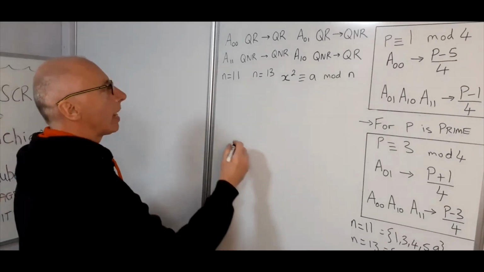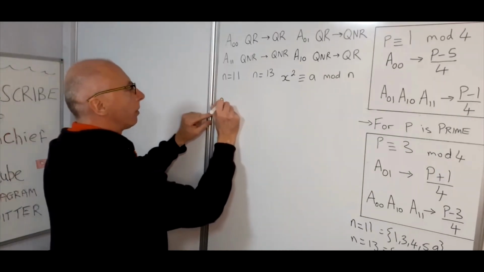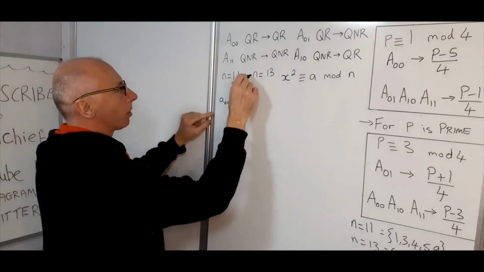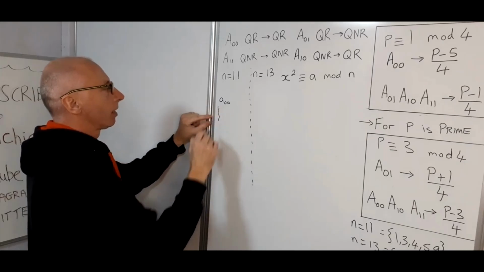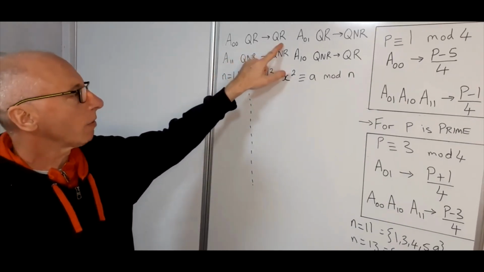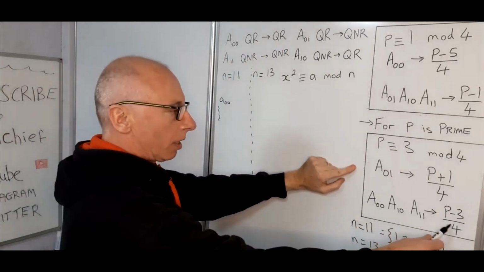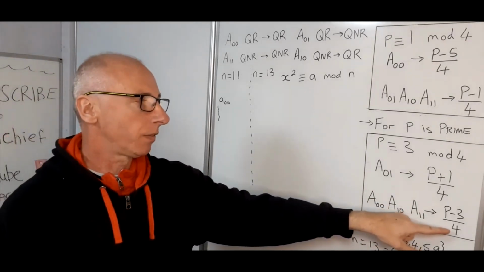So let's have a look at 11 first. Now we're going to build the set A00 for n equals 11. This set will be the ones where a quadratic residue follows a quadratic residue. And the size of A00 in this formula is p minus 3 over 4. 11 minus 3 over 4 gives us 2.